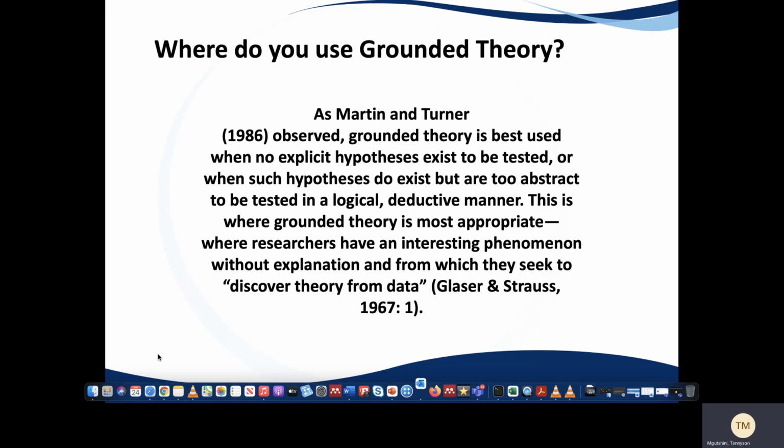So here's a typical example of something that we can look at. For example, one may have an interesting phenomenon that they can't explain, like the phenomenon of, say, human attraction. There are just some people who can get into a crowd and they appear to have that it factor.